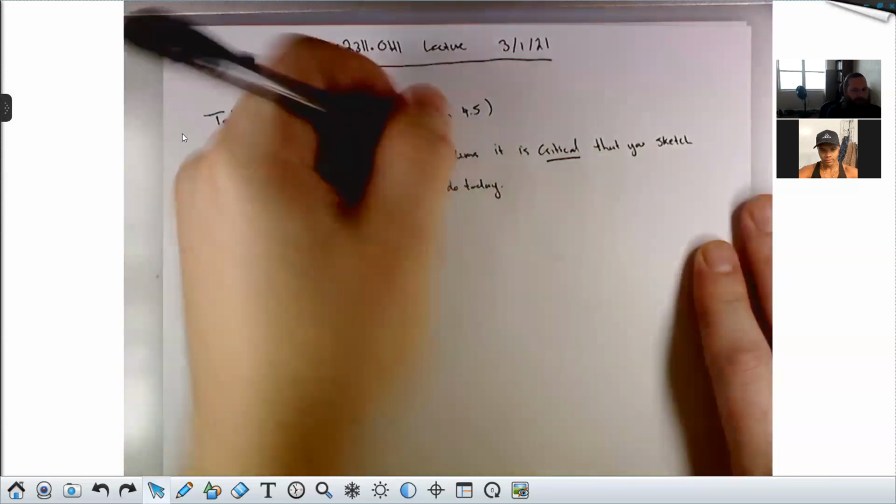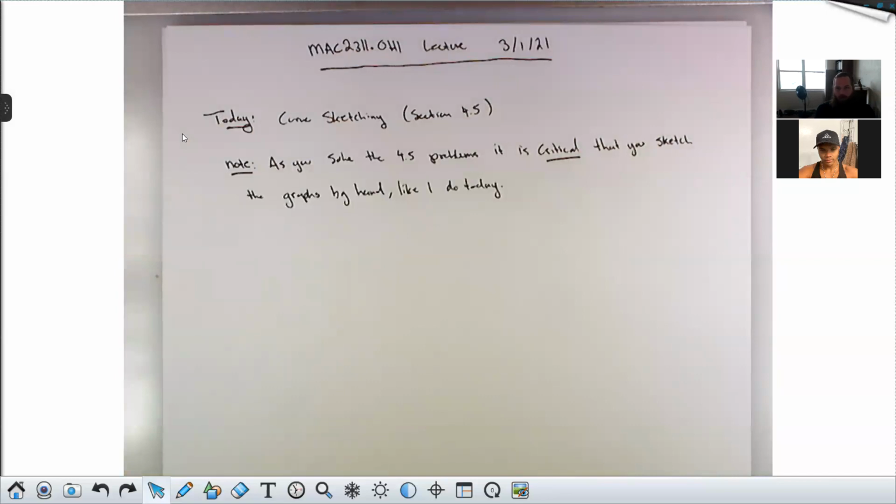It's a funny thing, you know. WebAssign tracks how long a student spends on average on each problem. And when I look at those statistics for the problems in section 4.5, they all say like 2 minutes, 3 minutes, which is ridiculous because these are really long problems. The reason, of course, is that WebAssign presents you with a collection of like 4 graphs and you just have to pick the right one and it marks the problem as correct.